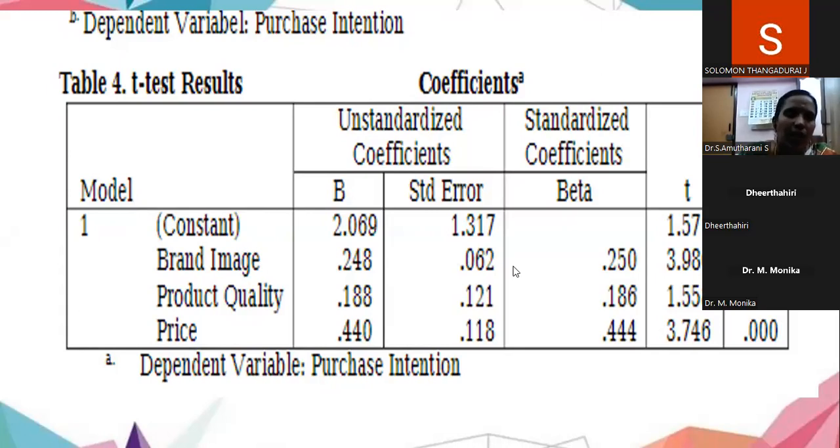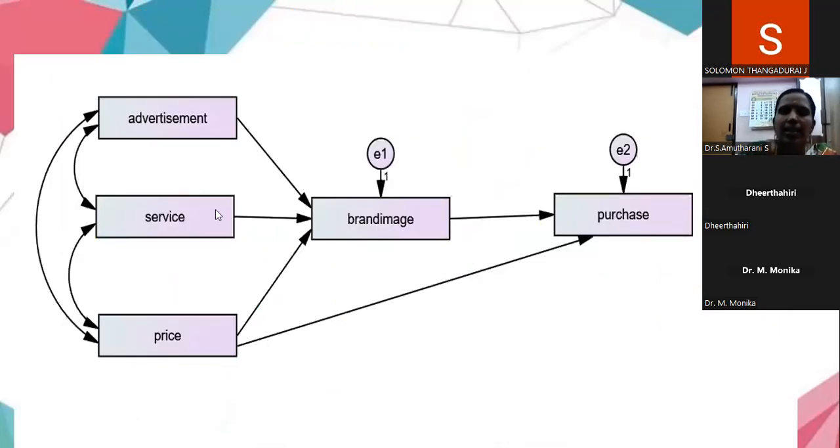So when we are using more than one dependent variable, we have to use AMOS. This is the diagram. This is the path analysis I am going to teach you. You have to remember one thing. When we are creating a path analysis or path diagram, we should keep in mind that the analysis should not be similar to some person's analysis.